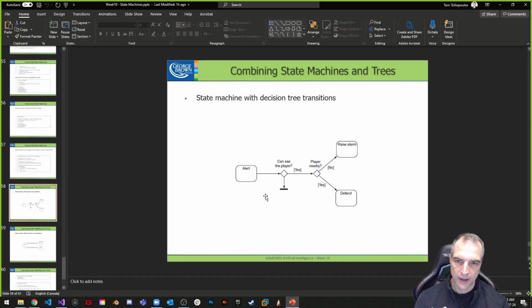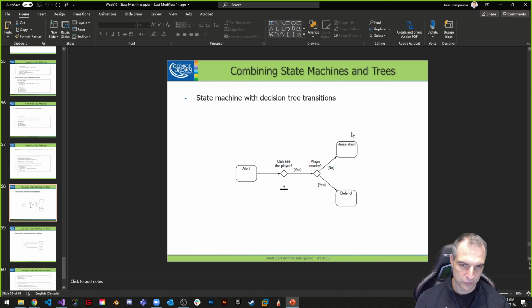You can also combine state machines with decision trees. All right. So here's an example of that. I have an alert. Can I see the player? This is a tree, a decision tree. Yes. Okay, cool. Is the player nearby? Yes. Okay, go into the defend state machine. Okay, that's what happens. Is the player nearby? No. Well, I saw the player, but he's not nearby. Well, then raise the alarm.